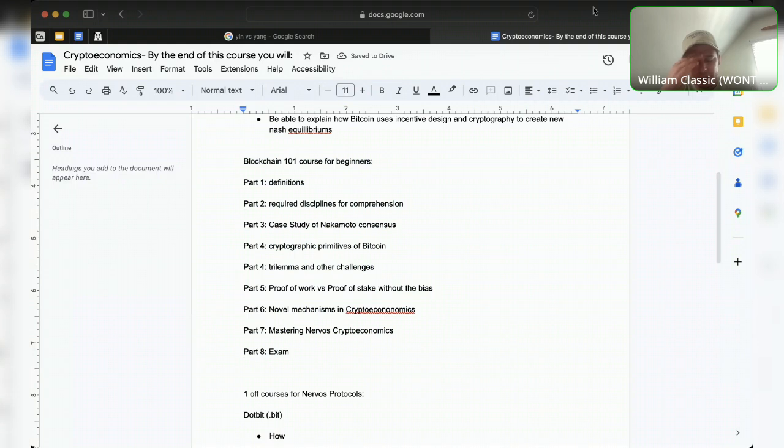I've been contemplating having, depending on how it can scale, a verbal exam as well, because I would love to actually have each student, in 5 minutes or less, explain to me what the essence of this course is about, what crypto economics is about, and what blockchain is about in their own words.